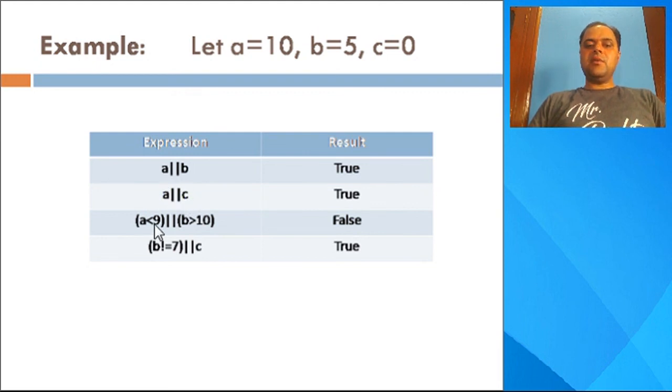A is less than 9, false. B is greater than 10, again false. So both the conditions are false, the result will be false. B is not equal to 7 is true because B is 5. C is 0, means false. The first is true, the second is false, the result will be true.